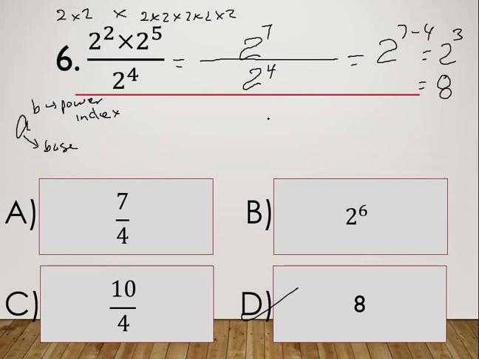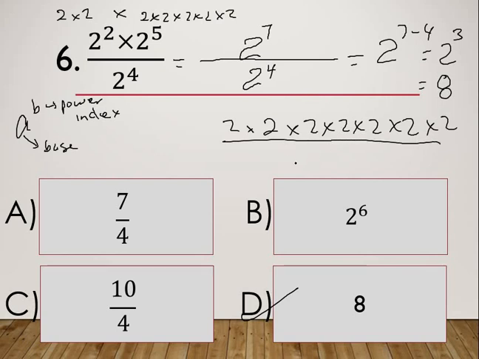So again, we can do this another way. 1, 2, 3, 4, 5, 6, 7. And we're going to cancel. 2 and 2 goes once, 2 and 2 goes once, 2 and 2 goes once, right? So this cancels this, this cancels this.